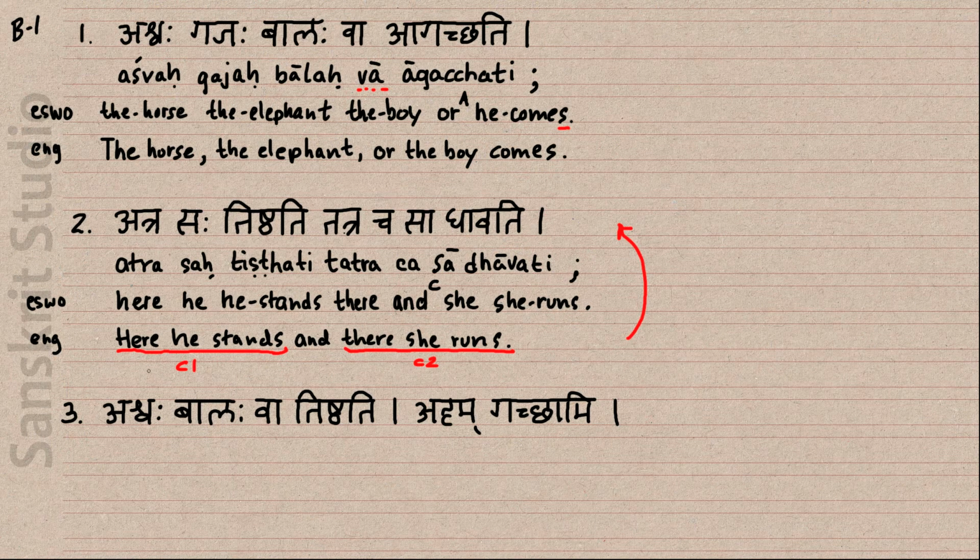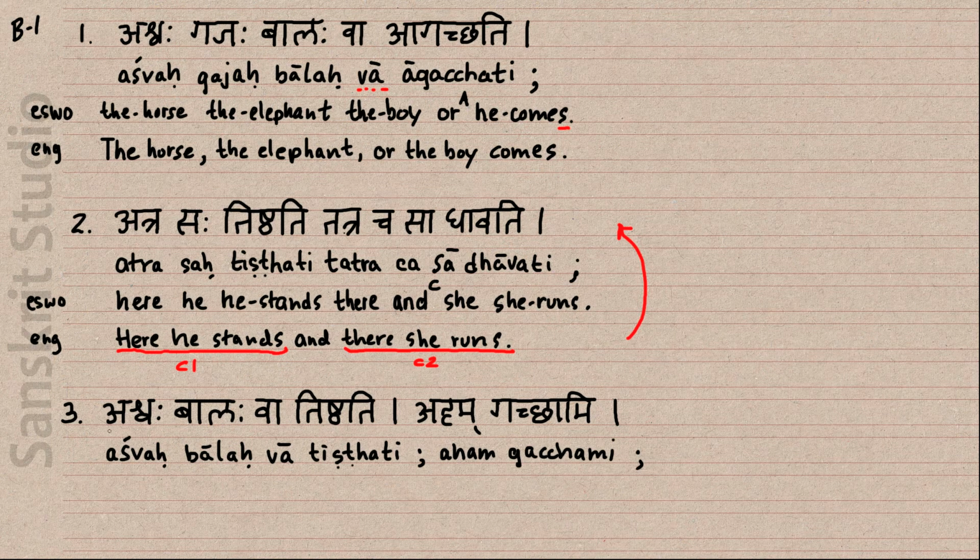Alright, so number 3, let's go back to black ink here, and we have an ashvaha here, and we have a balaha here, and we have va, and we have tishtati at the end of the sentence, and then we have aham gachami, like that.